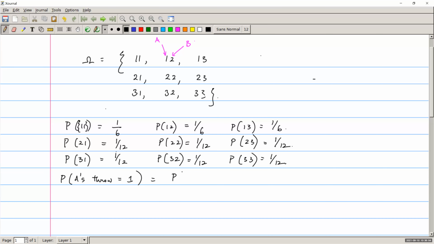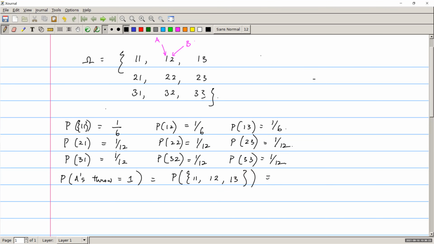Tell me the event first, step by step. Very good. The event is (1,1), (1,2) and (1,3), every point in the universe where this statement holds true.